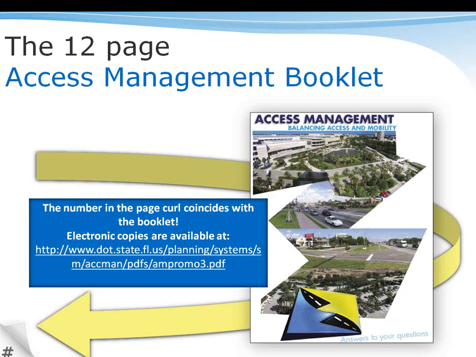As we go through the presentation today, you will see an occasional curled page at the bottom left with a page number in it. This is a reference to a 12-page brochure which we created to help explain the benefits of access management, especially to businesses and local elected officials.